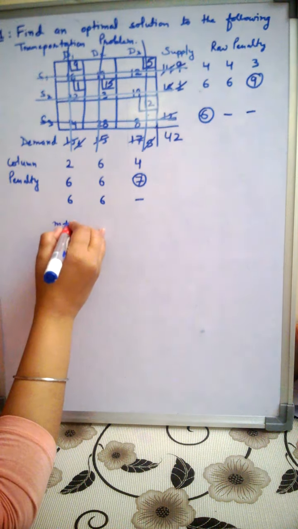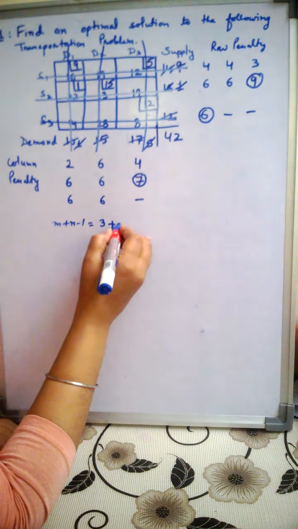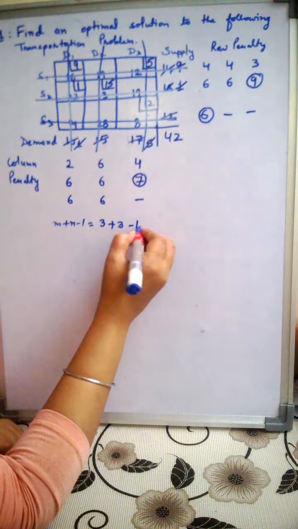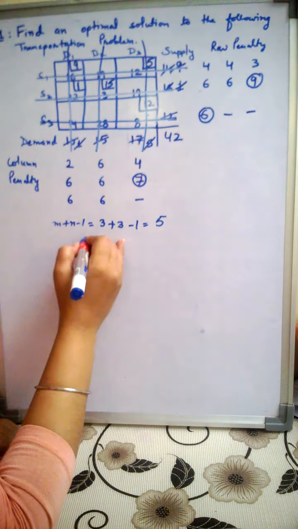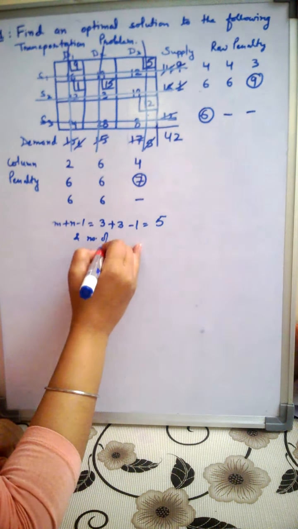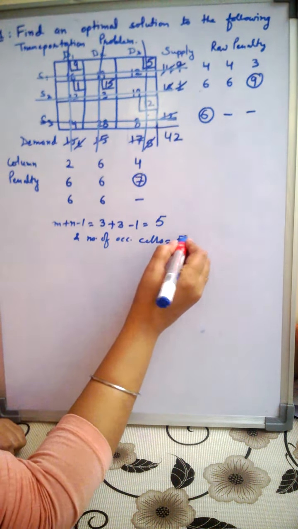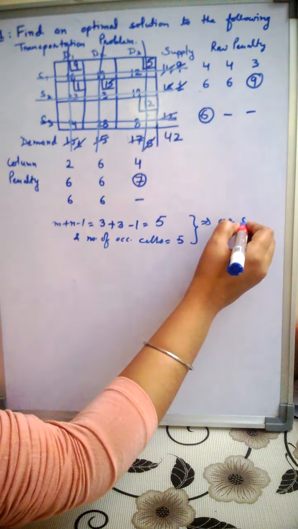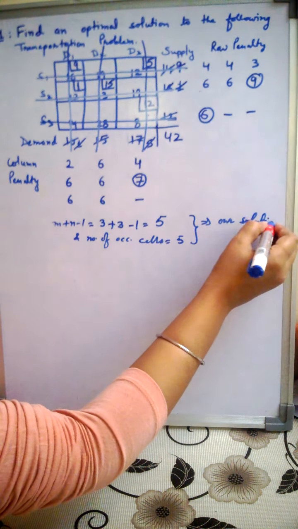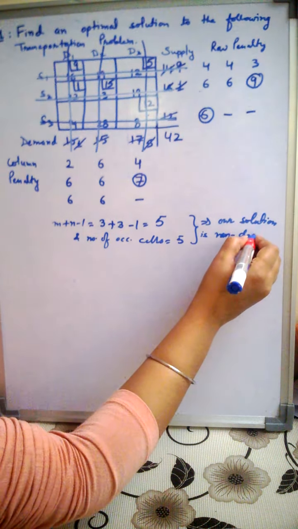M is number of rows, which are 3, n is number of columns, which are 3, minus 1, that is 5. So m plus n minus 1 is equal to 5, and number of occupied cells are also equal to 5. So this implies that our solution is non-degenerate.